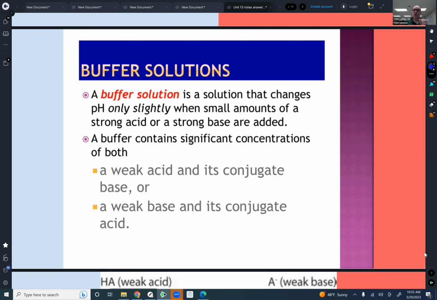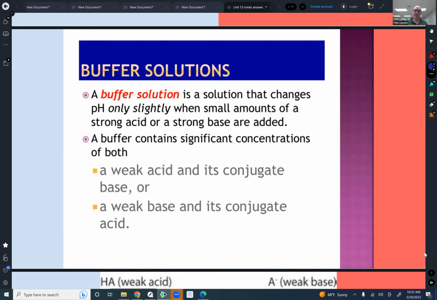So it involves knowing those amphoteric, amphiprotic terms. These are materials, these weak acids, that are okay if you give them hydrogens or if they give off hydrogens.